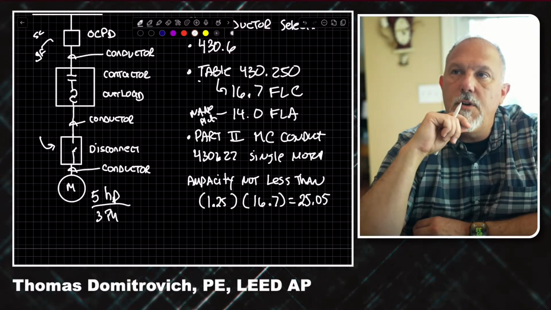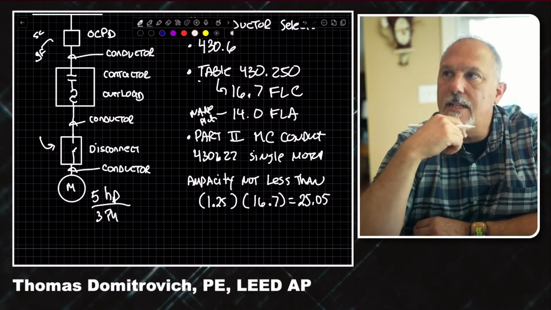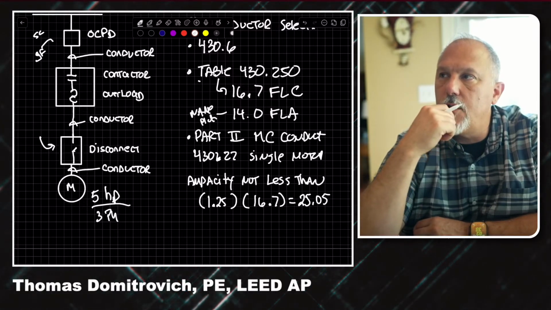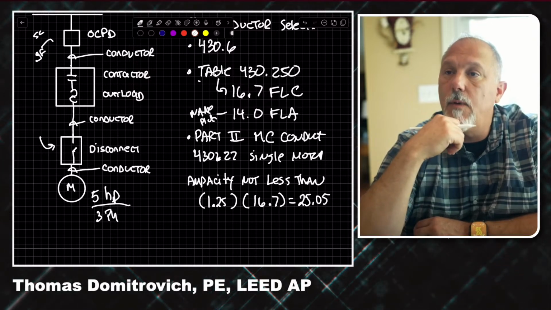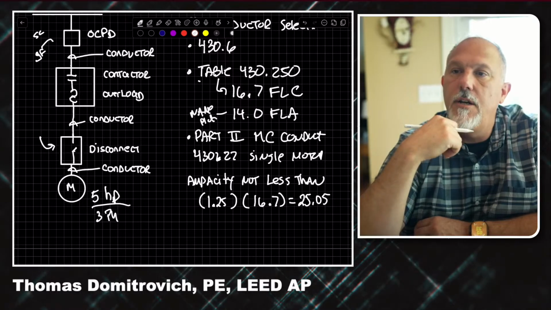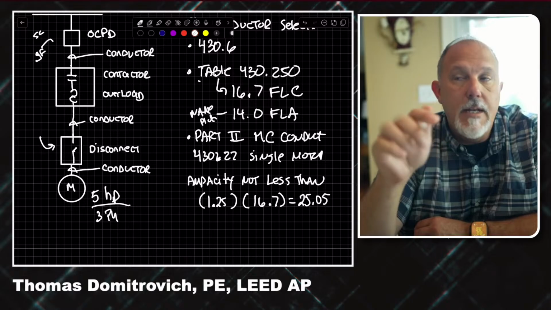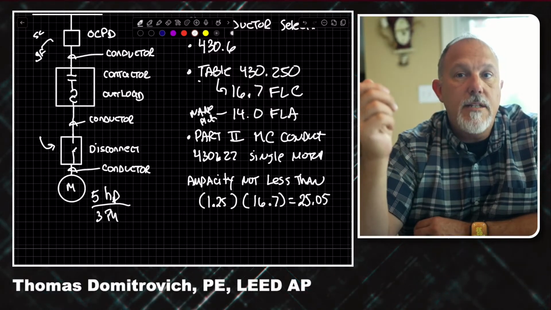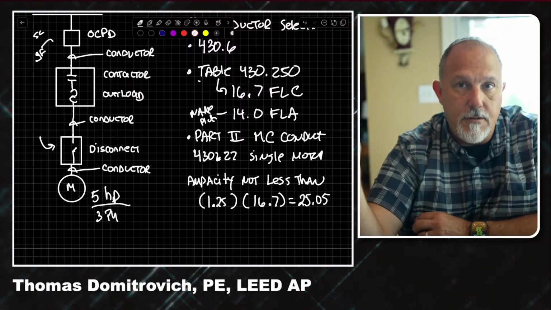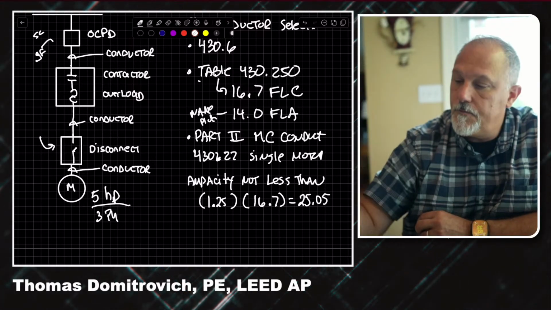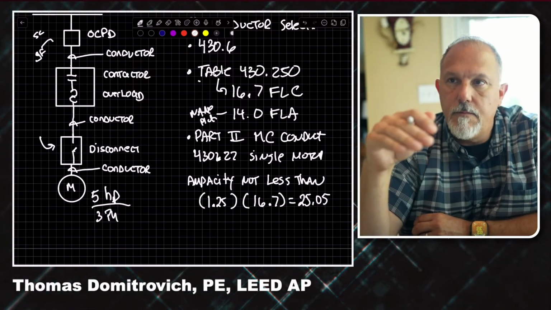Conductors that supply a single motor used in a continuous duty application shall have an ampacity not less than 125% of the motor full load current. Here's what it doesn't say: whether or not I have to take into consideration the termination. 110.14 applies all the time. I don't need a reference here to send me back to 110.14 to tell me I need to consider the termination, because motors are 75 degrees C application equipment.